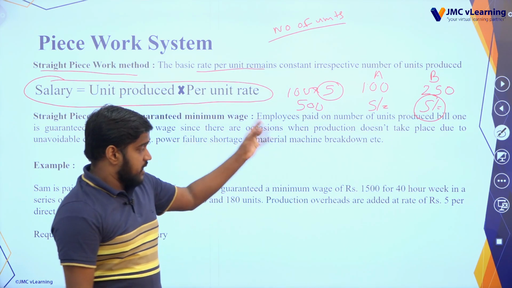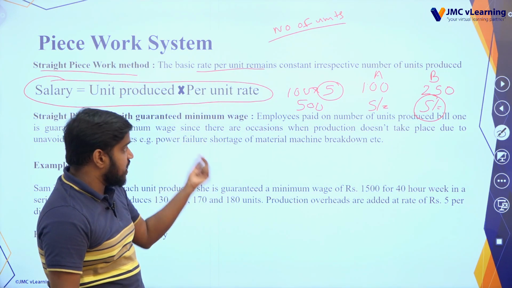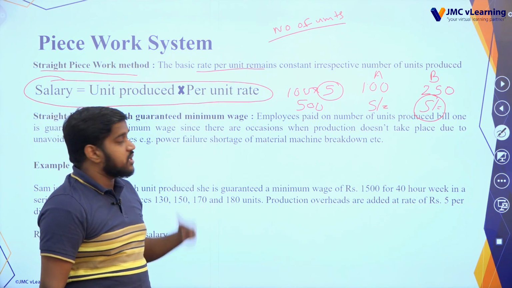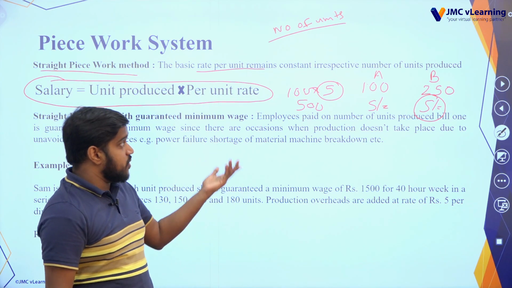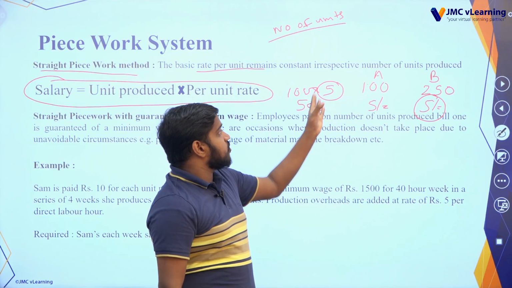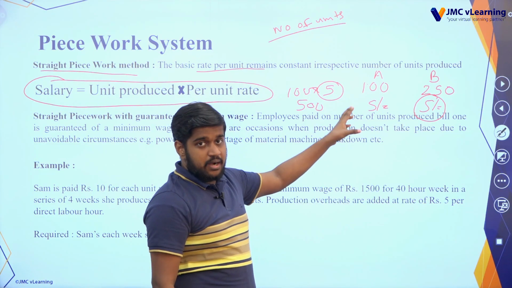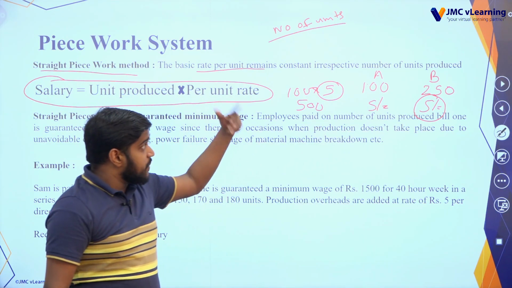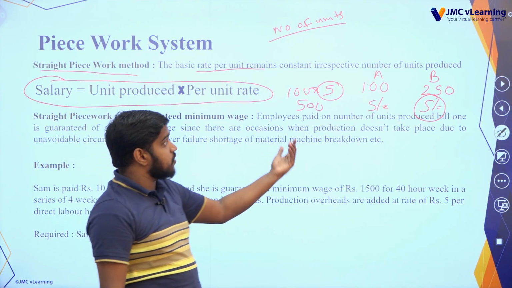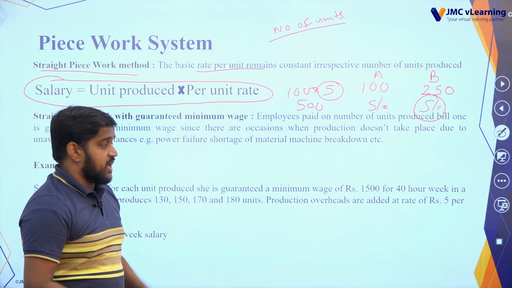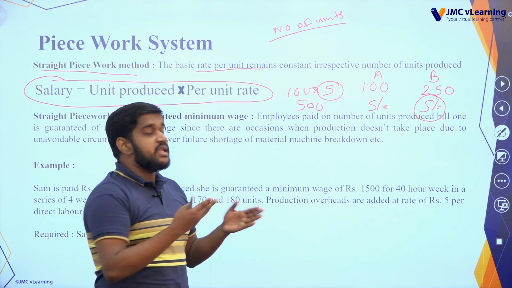In a situation like this, B can be demotivated, because when we compare A and B, A only produces 100, but B produces 250, and he also gets 5 rupees per unit.